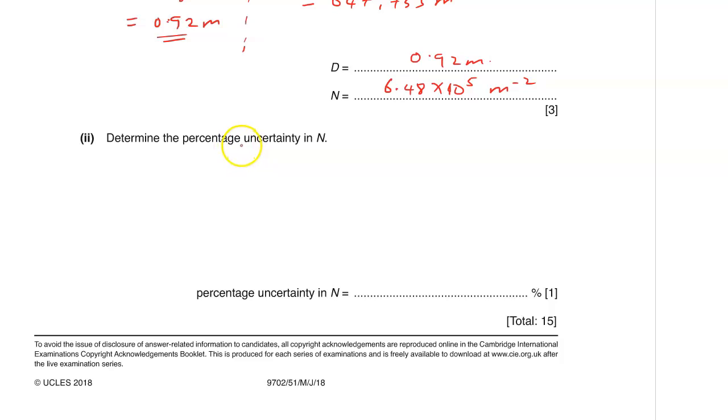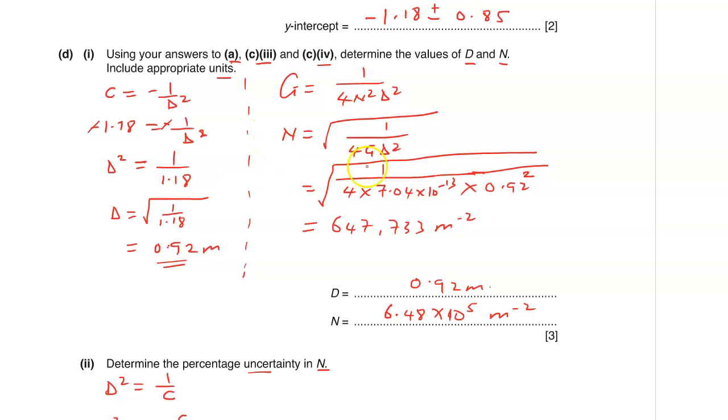Determine the percentage uncertainty in N. Of course, we know that from the equation for the y-intercept, D squared is equal to 1 over C. We also know that N squared is equal to minus C over 4 times the gradient, because we know the gradient is equal to 1 over 4 N squared D squared.